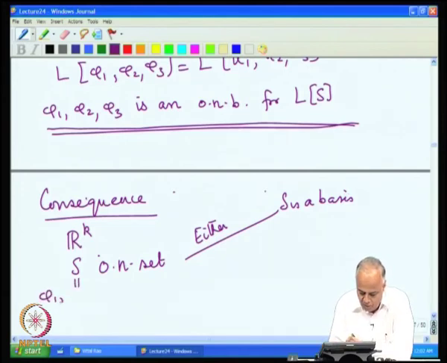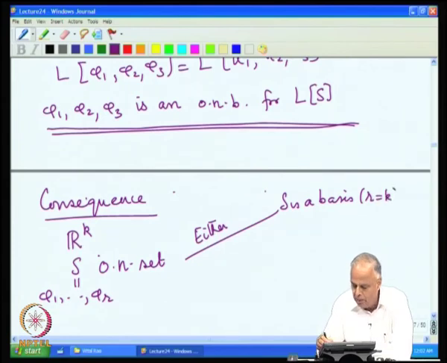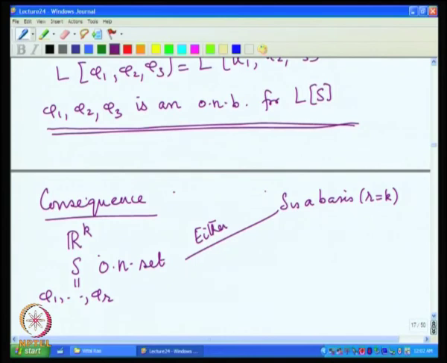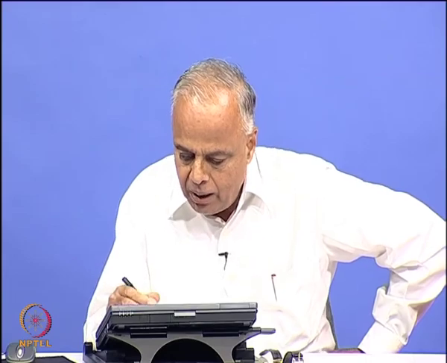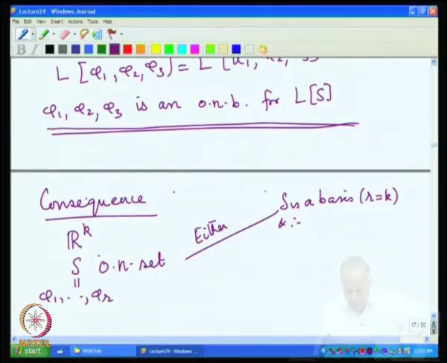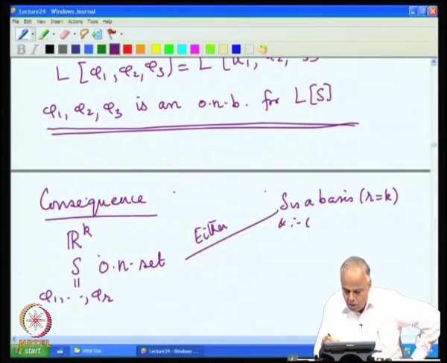If S is phi 1, phi 2, phi r, this will happen when r equal to k. If r equal to k, then automatically it is a basis because there are k vectors and they are linearly independent, because every orthonormal set is linearly independent, and since it is already orthonormal, it is an orthonormal basis for R k.